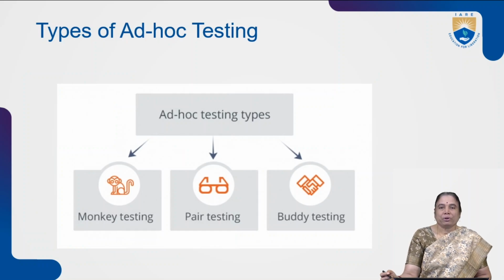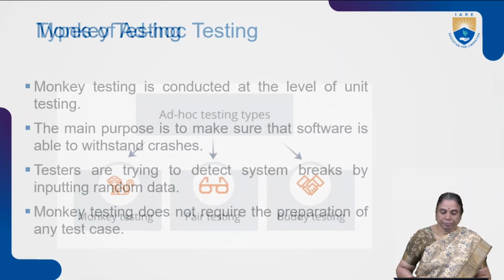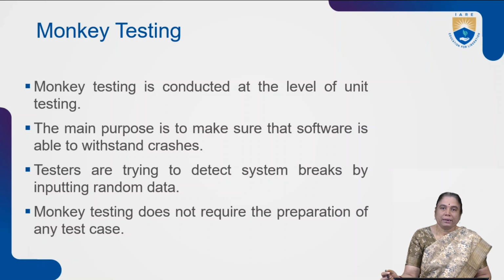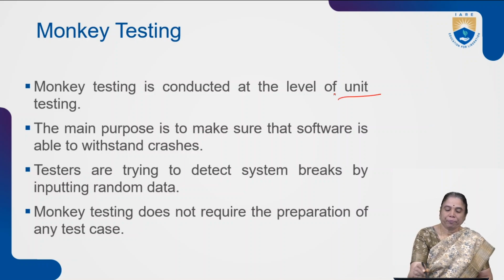What are the types of ad hoc testing? Monkey testing, pair testing, and buddy testing. What is monkey testing? Like gorilla testing, monkey testing is conducted at the level of unit testing.